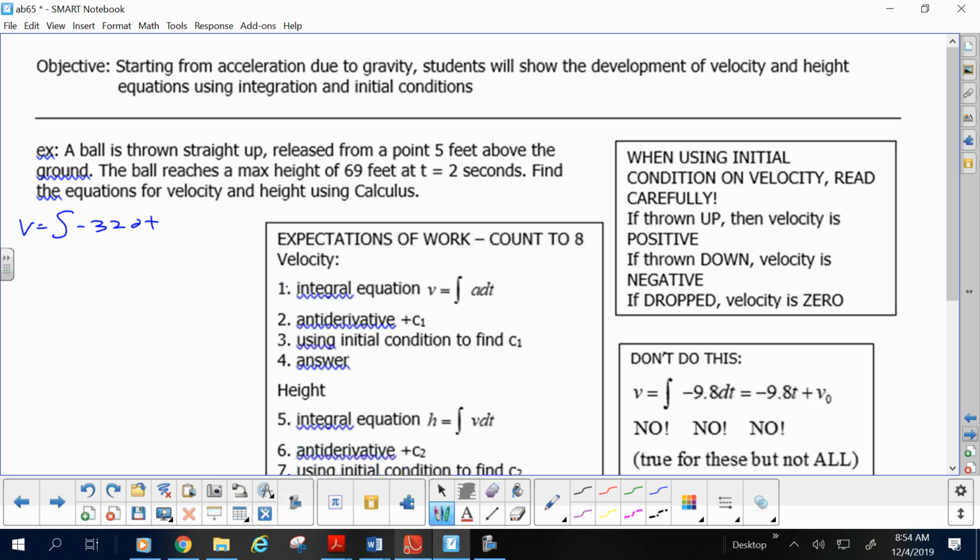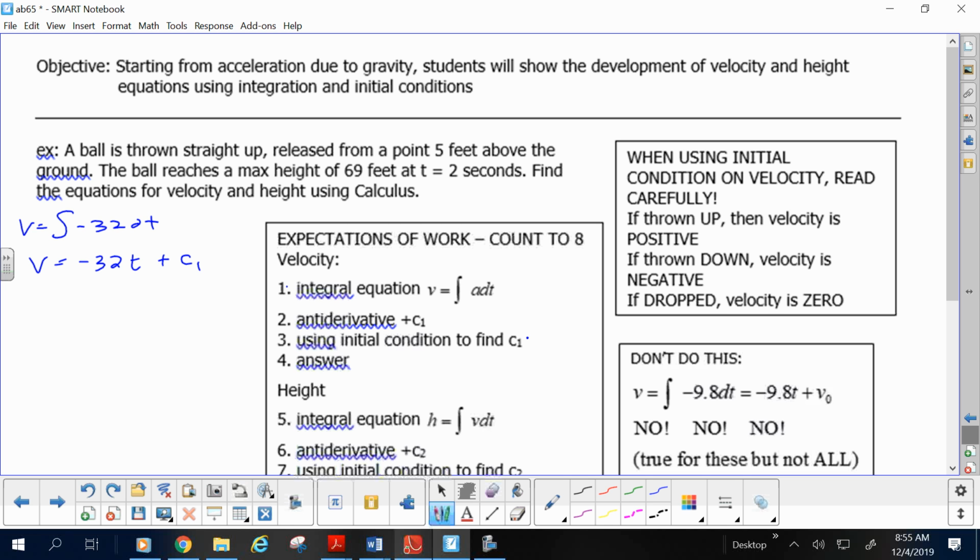Then take the antiderivative. The antiderivative is negative 32t plus a constant. Now, because we're going to actually integrate it twice, one for the velocity, one for the height, I'm going to call that C1 because I expect 2 constants over the course of this problem. You with me? Now we're going to use an initial condition to find C1. The only way we can find that C1 is if I have a V and a T case to put in. What do I have?